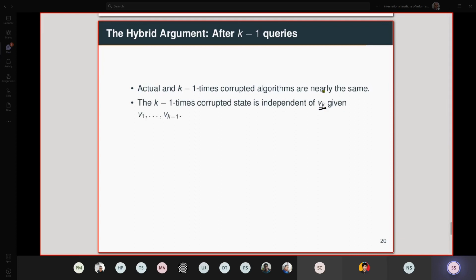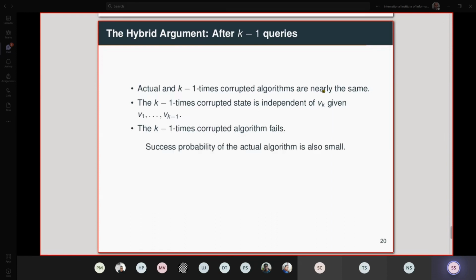None of the oracle answers involved vk at all. So this actually is independent of vk, and when it tries to output something, it has to fail because it doesn't have any information about what vk was. And because the k minus 1 times corrupted algorithm fails, so should the original algorithm also fail. That is a very rushed but accurate description of our lower bound.